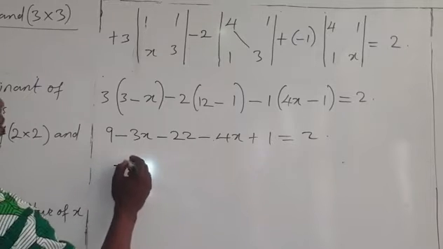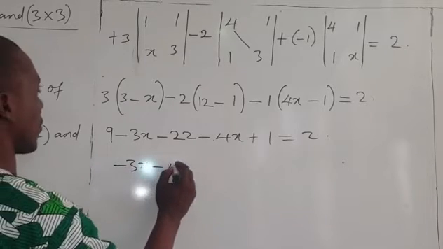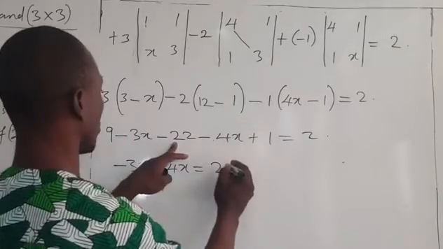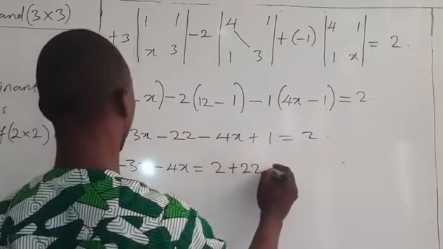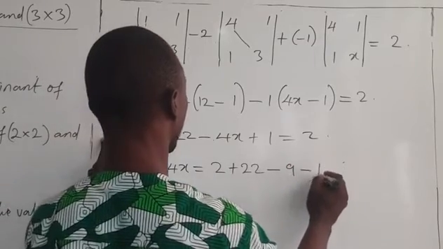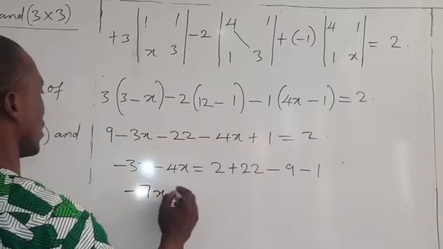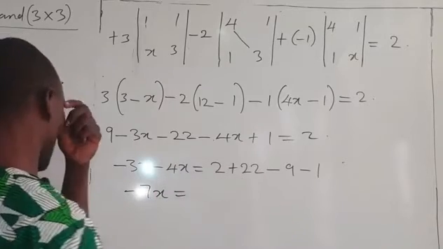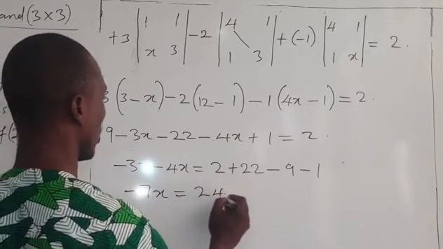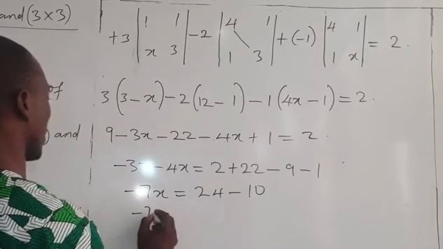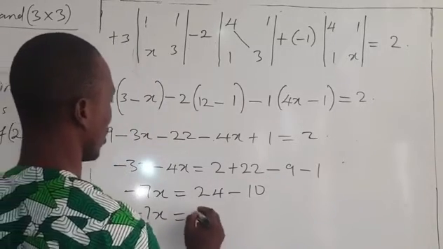So we have minus 3x minus 4x equals to plus 22 minus 9 minus 1. So we have minus 7x equals 22 plus 2, that's 24, minus 10. So we now have minus 7x equals 14.